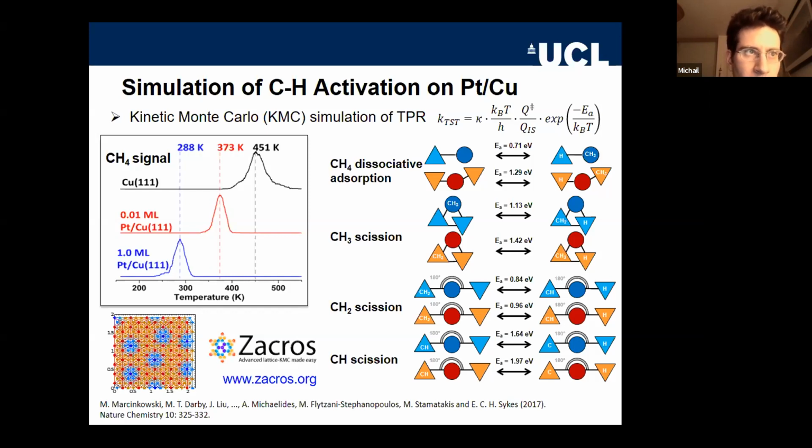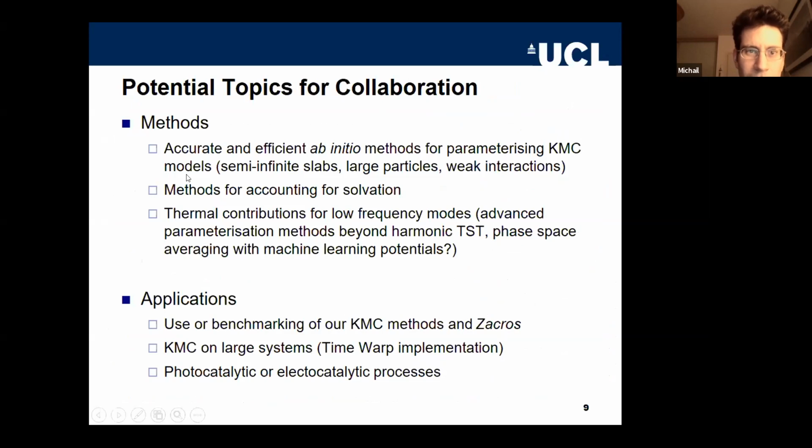We didn't have too much of a problem there, but with collaborators at Harvard, they wanted to go even further, right? So go with ethanol or propanol, and they have had quite a lot of problems with that. So that's why one of the potential topics for collaboration is this one: these thermal contributions.